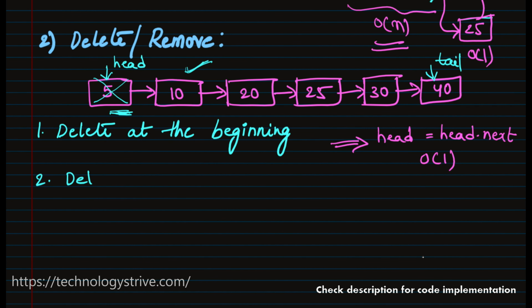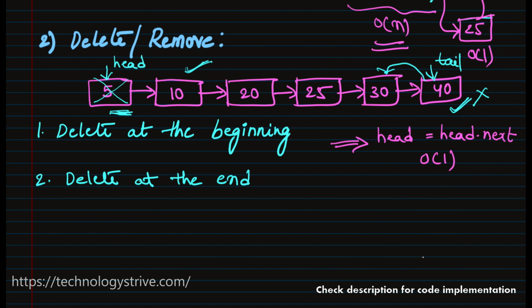Now let's see delete at the end. What is the last element in the linked list currently? 40. If we delete 40, tail has to be updated from 40 to 30, right? But from 40, can we get the previous element? No, it is not possible.